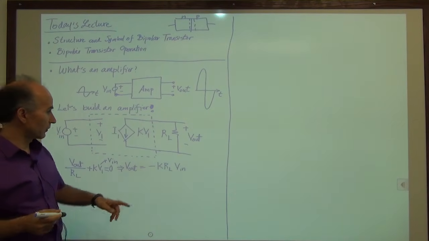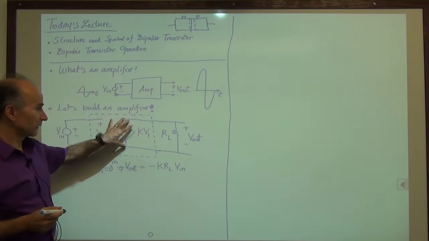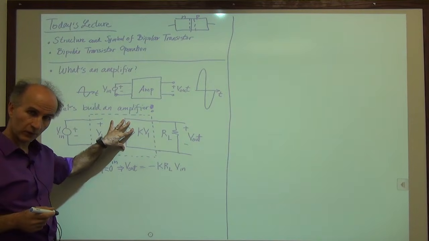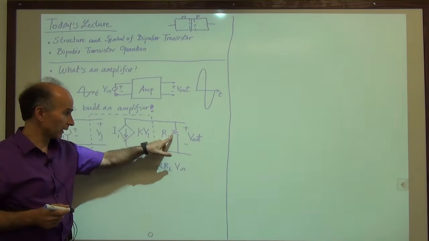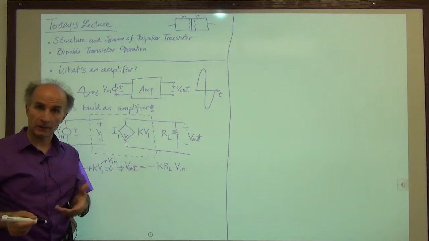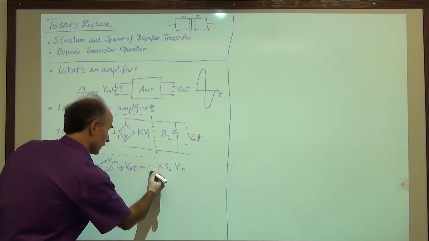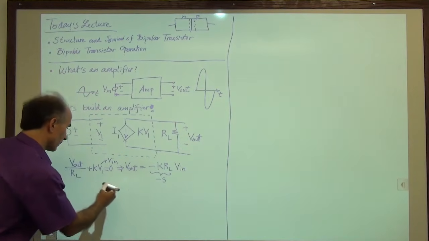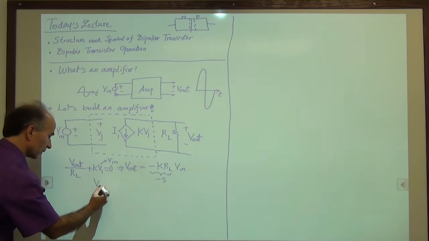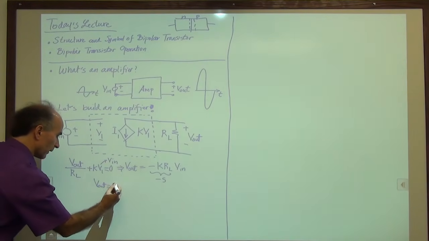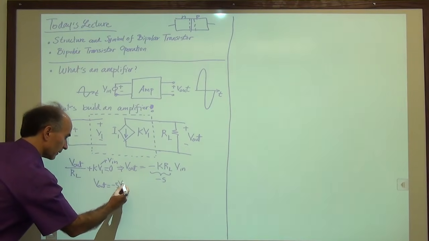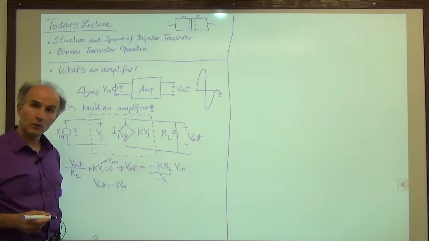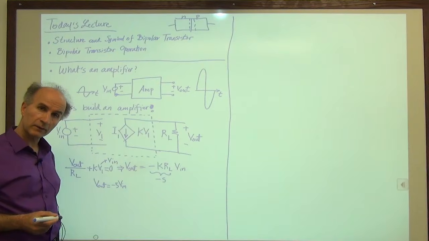So let's say I choose K, the property of this voltage-dependent current source, times RL to be some number, like 5. So let's say this whole thing happens to be minus 5. So what we have is V out is equal to minus 5 V in. Would you consider this an amplifier?